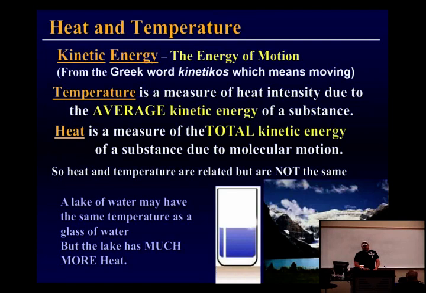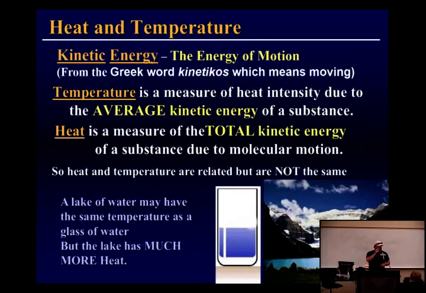All right. So we're going to talk a little bit now about what temperature and heat are. Temperature is actually defined as the average kinetic energy in a system. If I had a glass of water, I'm measuring the average kinetic energy of the water molecules in that glass.